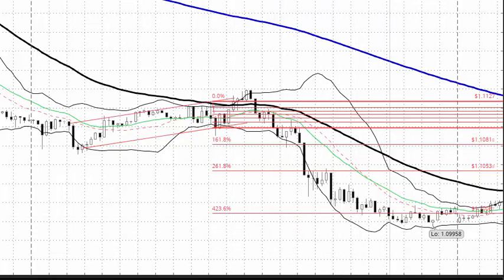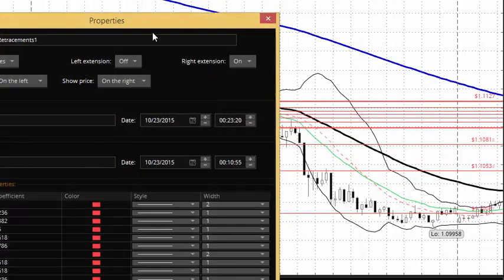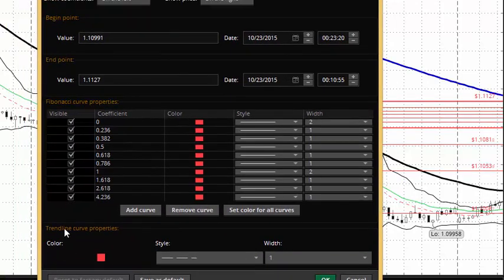Let's go ahead and, for fun, I'm going to show you how you do this here. If you double click on your indicator, it brings up your fibs, and let's see, coefficient value. I've never actually adjusted this. Here we go. 161.8, 423.6.